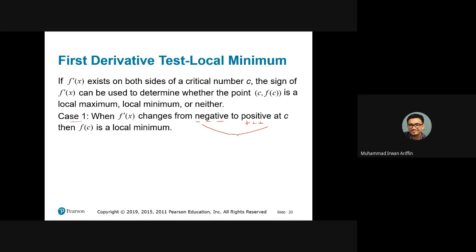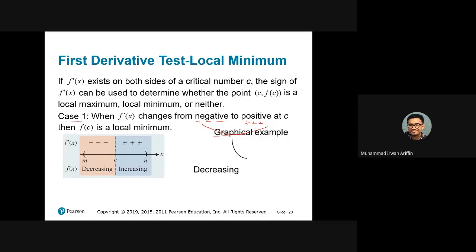So this means that we have a local minimum here, right? The lowest point. Graphical example. Maybe I'll just erase my drawing here.